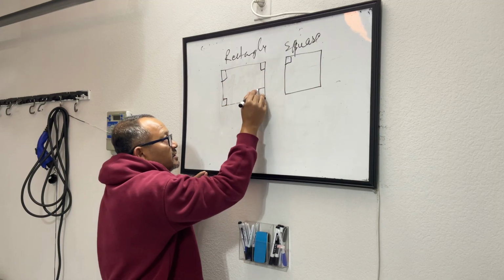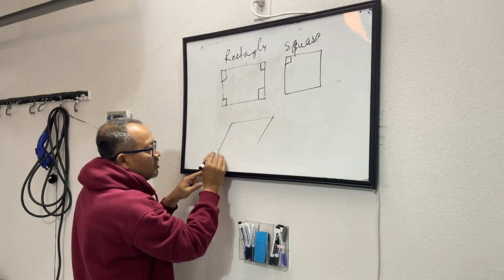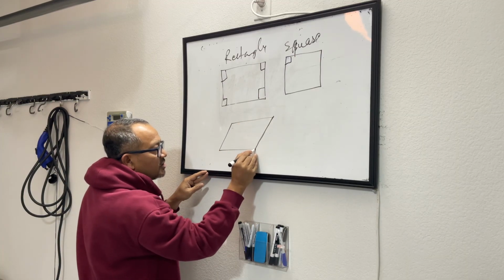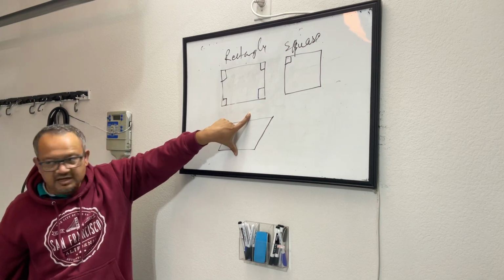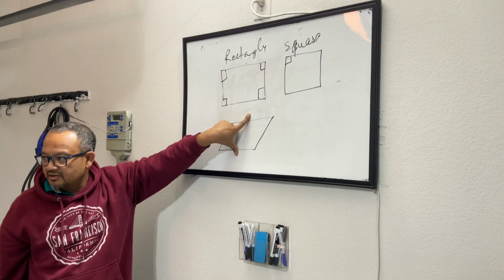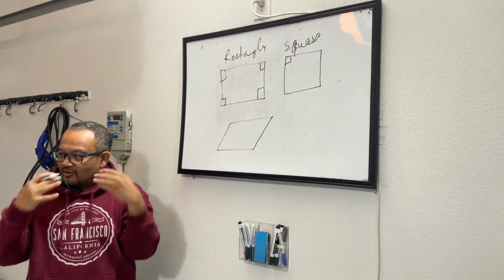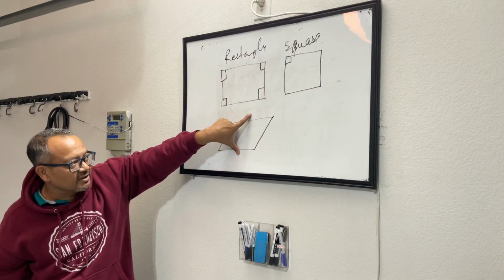Rectangle and square. Next one comes as a parallelogram. Parallelogram is another flavor of a quadrilateral where opposite sides are parallel and equal without the caveat of all angles being 90 degrees. So parallelogram is a superset when you are saying opposite sides are parallel and equal.